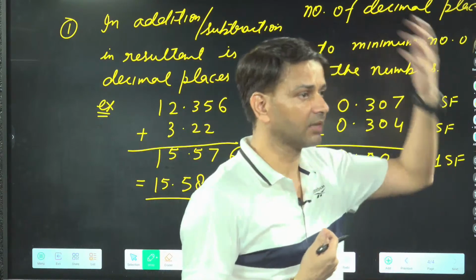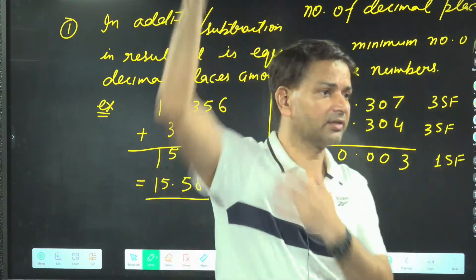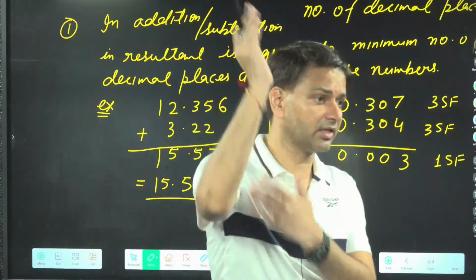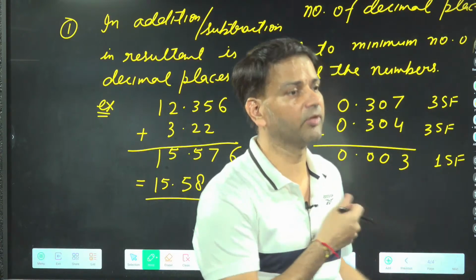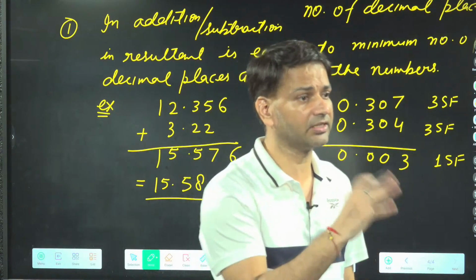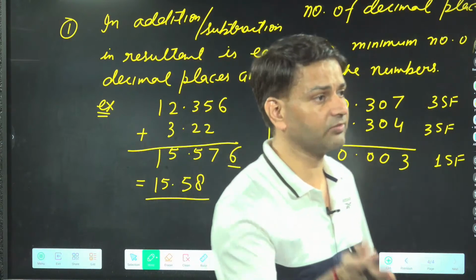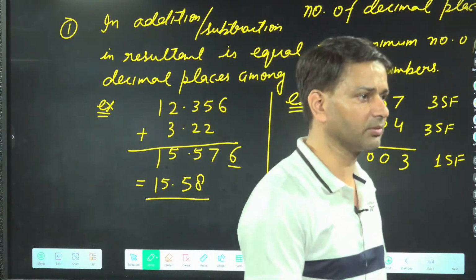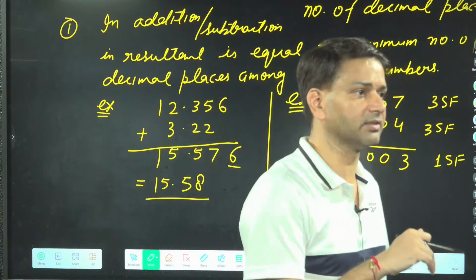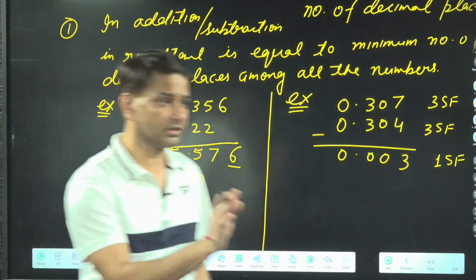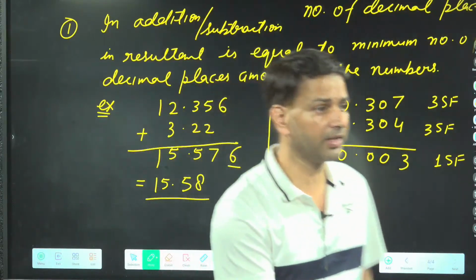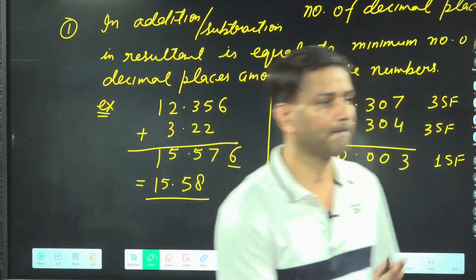Or if any data is coming from the centimeter scale, I cannot get finer data. Final addition is to 2 decimal places, when I am adding data that is given only to 1 decimal place. So that's why in the result of addition or subtraction, decimal places will not increase. It is possible that significant figures may decrease, but they will not increase. So in the subtraction of data, it is possible that the number of significant figures may decrease.